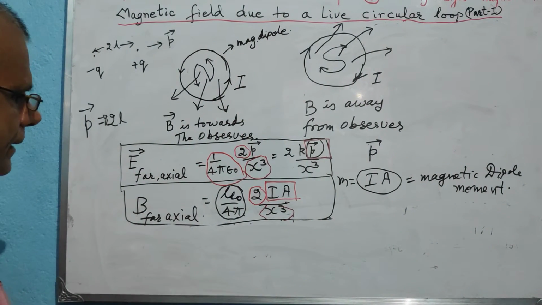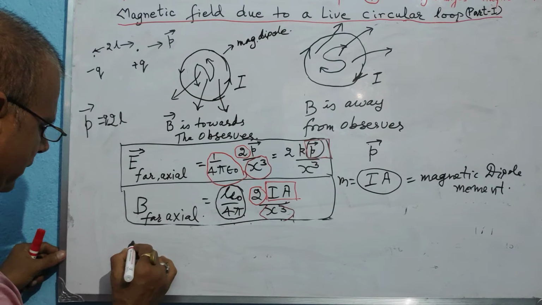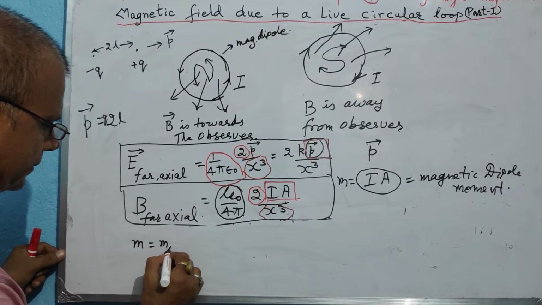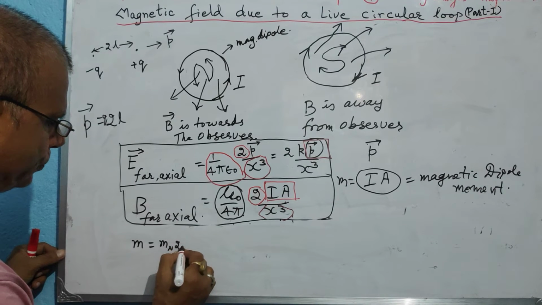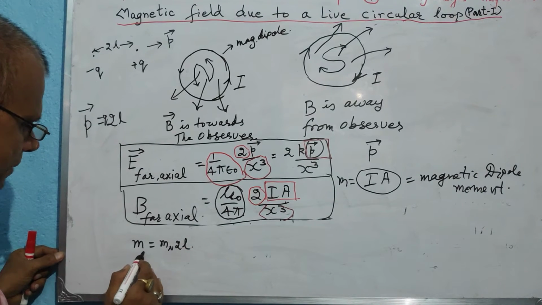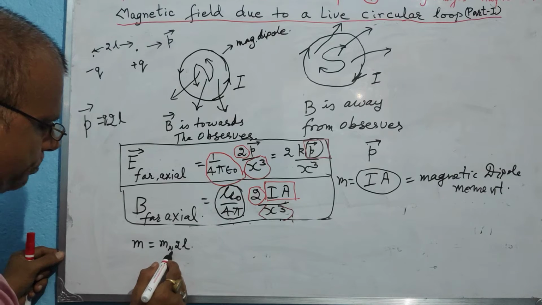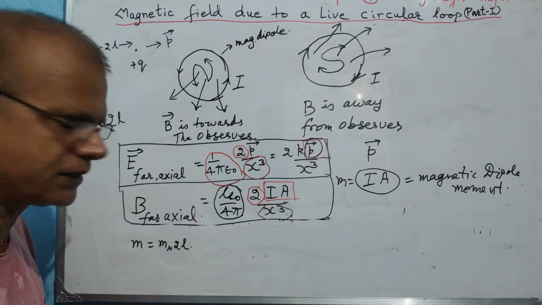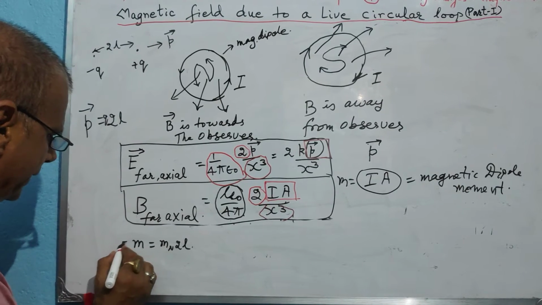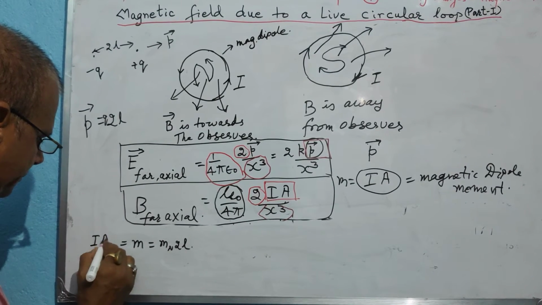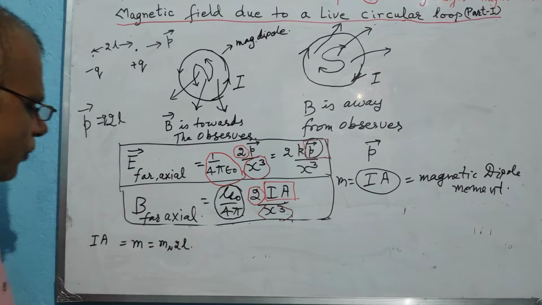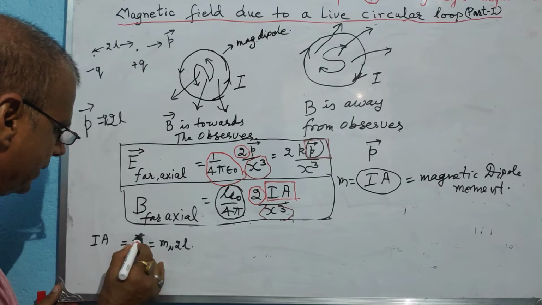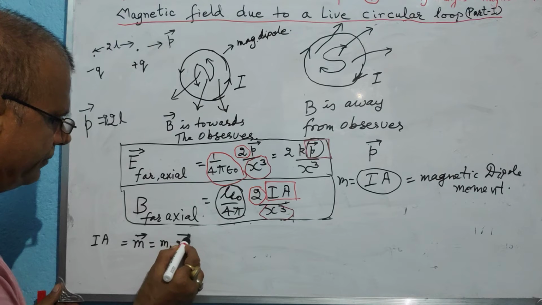If we say magnetic dipole moment is equal to pole strength into 2L, this is pole strength into the separation between the poles. Now 2L doesn't exist, but we can equate it with Ia. So of course this is a vector quantity.